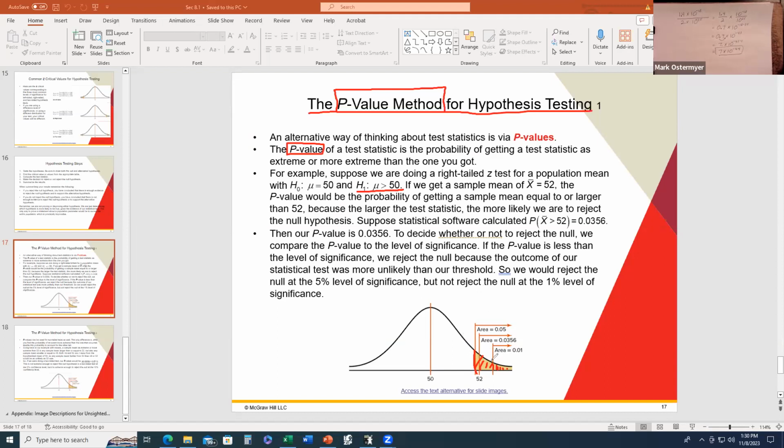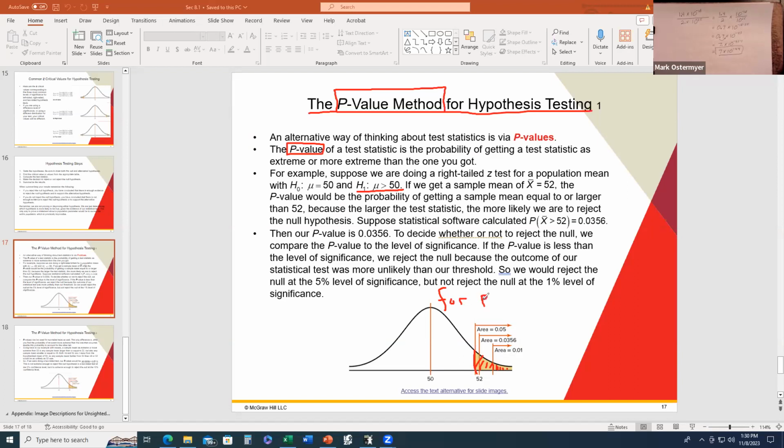And this p-value can give us an idea as to whether or not we're going to accept or reject the null hypothesis. And the way it works is this, and I've been working on this rhyme for quite some time. This is what you need to remember here.